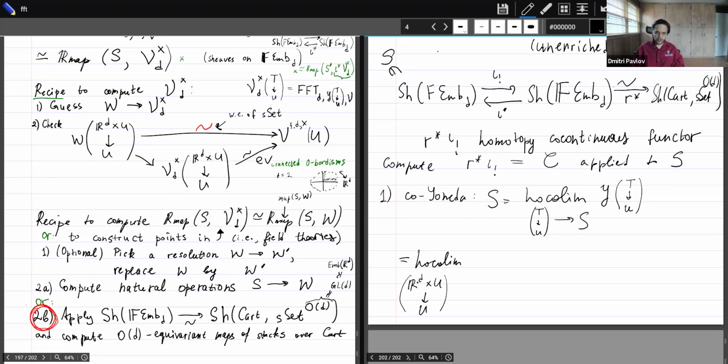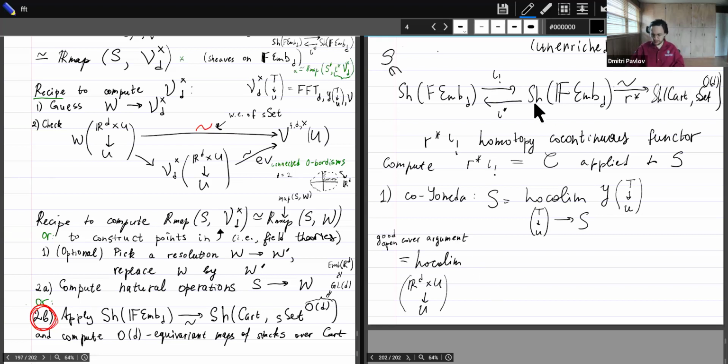Well, it's the usual argument with good open covers. Every open cover can be refined by a good open cover. So Cartesian spaces are sufficient.